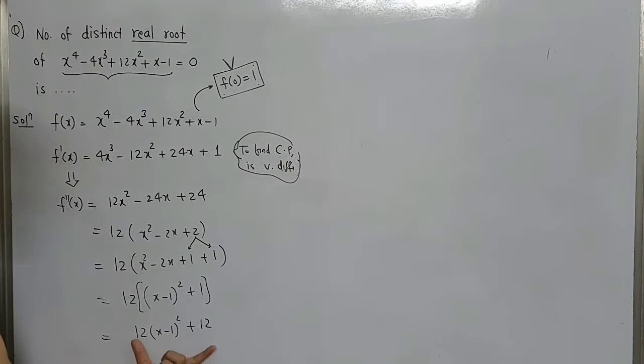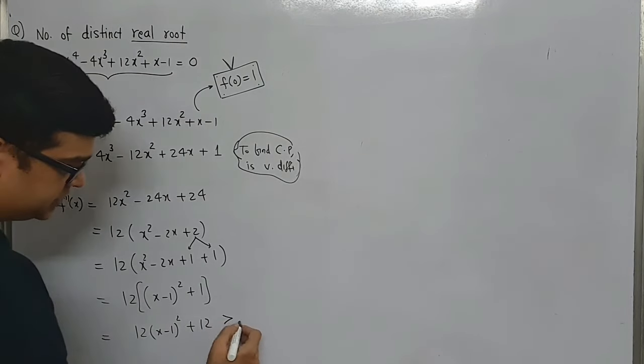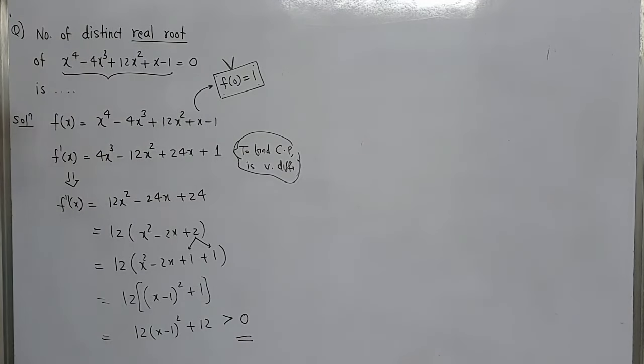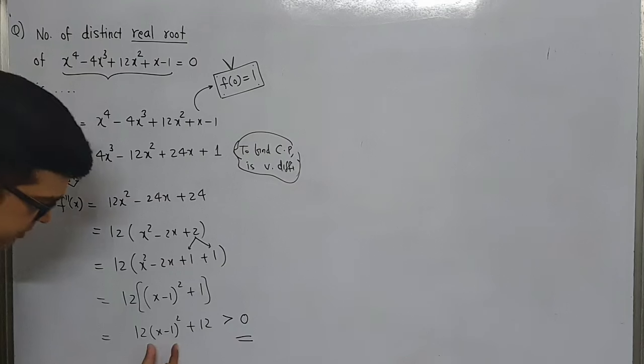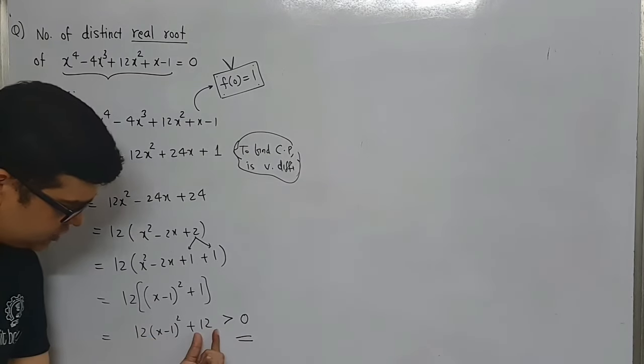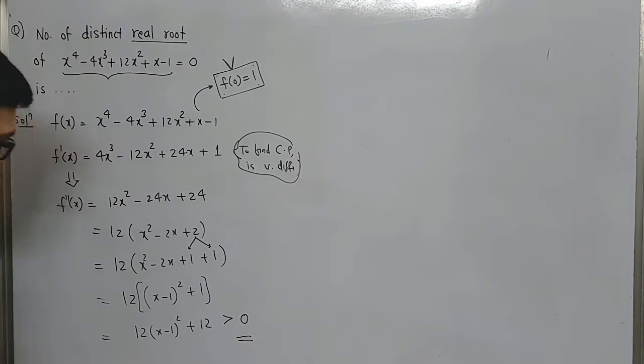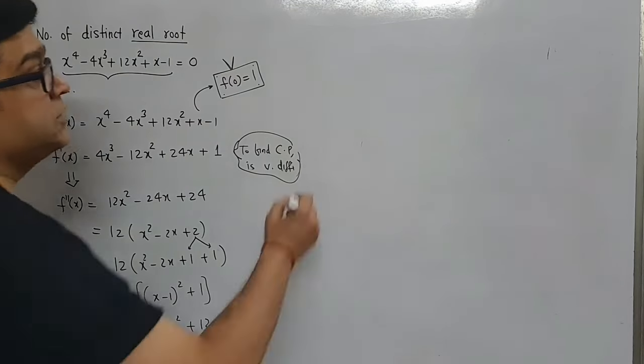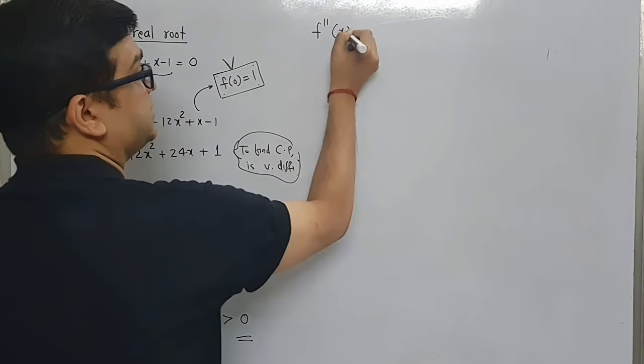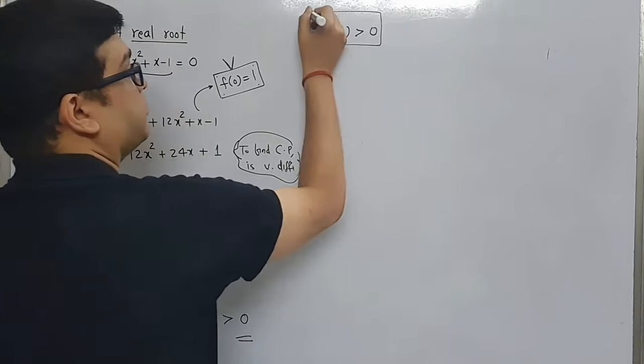If you notice, this quantity is always greater than 0, meaning positive, because a perfect square is positive, plus 12 is always positive. So what is the conclusion? The second derivative is positive.